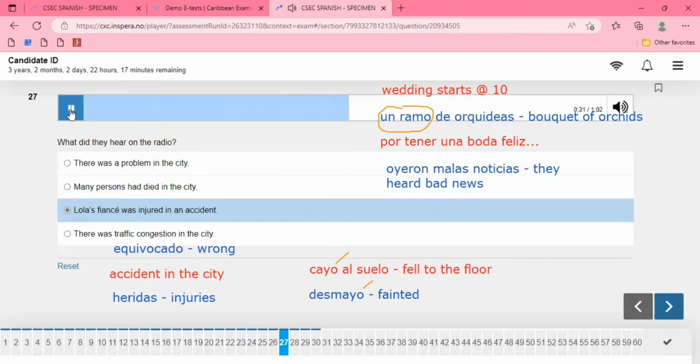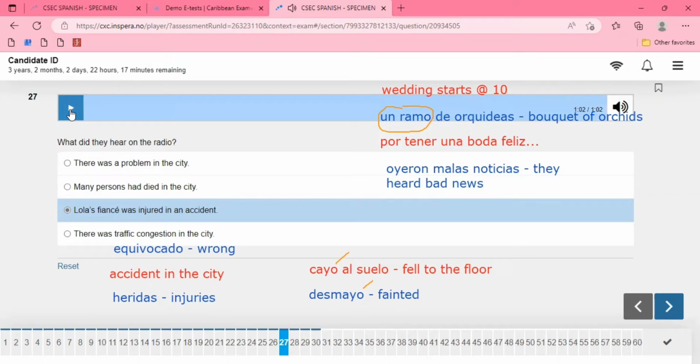La mamá de Lola se desmayó también y sus amigas empezaron a llorar. De repente sonó el teléfono y el papá de Lola contestó. Era Enrique, y le dijo que había habido una equivocación en la noticia y que él estaba sano y salvo y listo para la boda. Lola supo entonces que ese sería indudablemente el día más feliz de su vida.